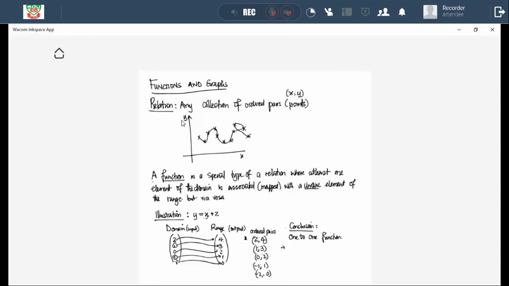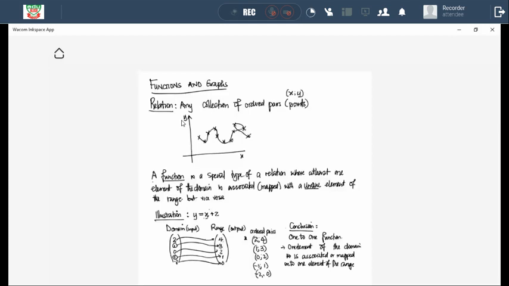We call it one-to-one, meaning one element of the domain, or the input, is associated or mapped onto one element of the range.